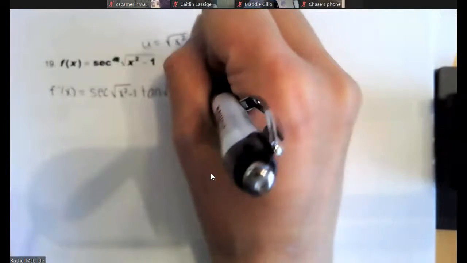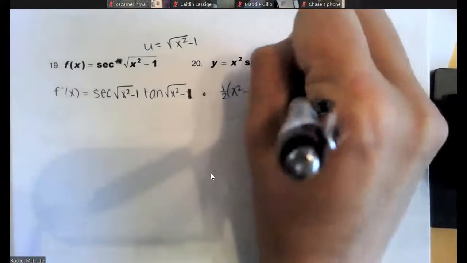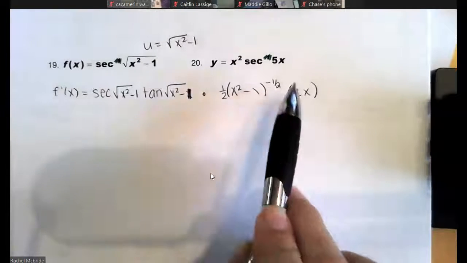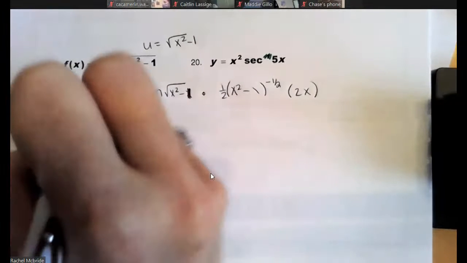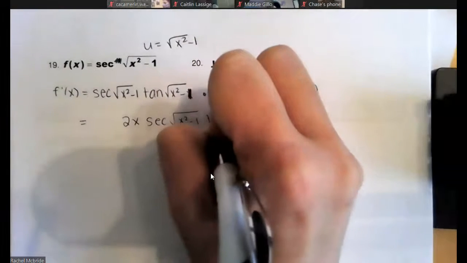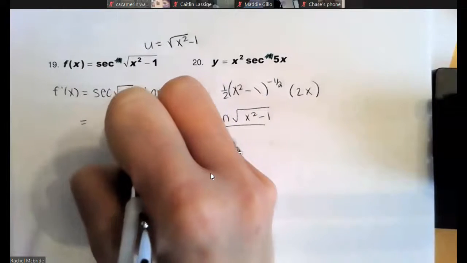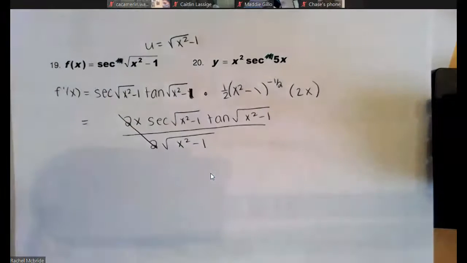So then now we multiply by the derivative of that inside. So it'd be 1/2 x squared minus 1 to the negative 1/2 times derivative of x squared, which is 2x. So we get 2x secant square root x squared minus 1 tan square root x squared minus 1 all over 2 square root x squared minus 1, and you could cancel the 2's.